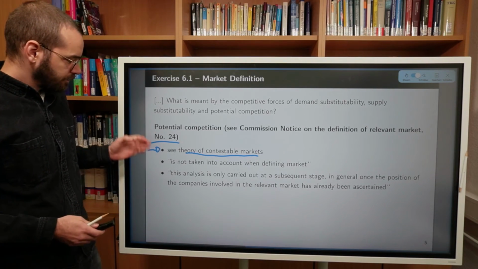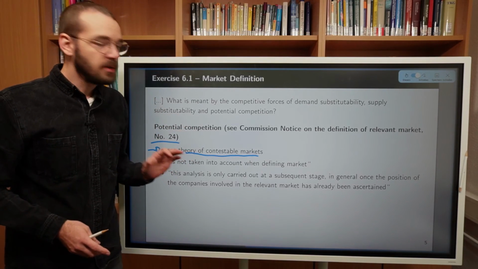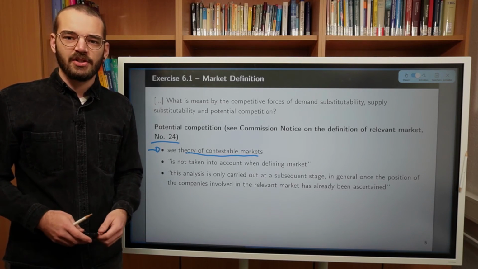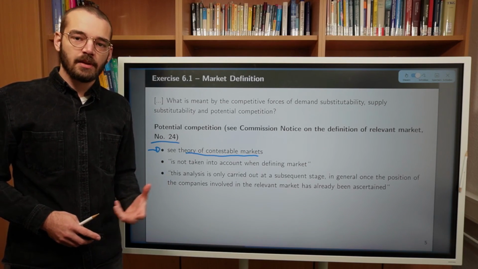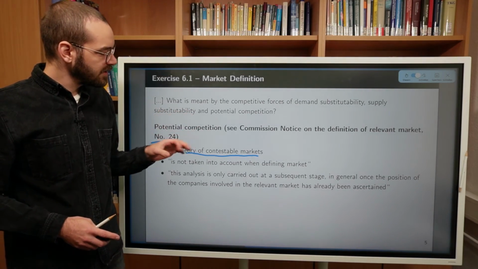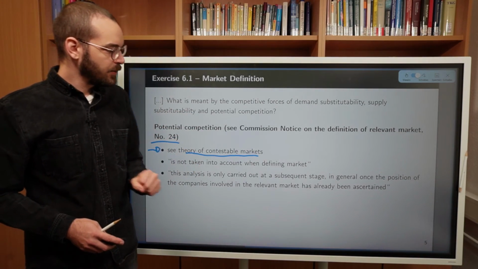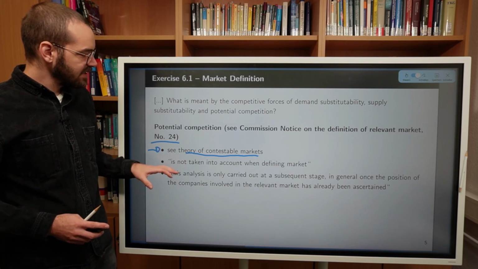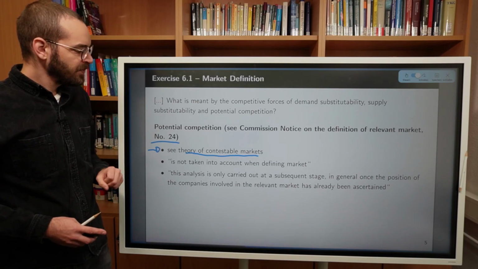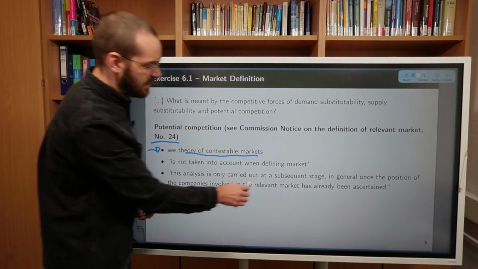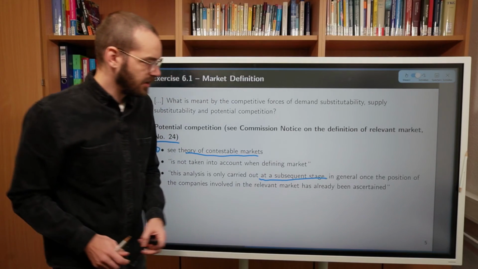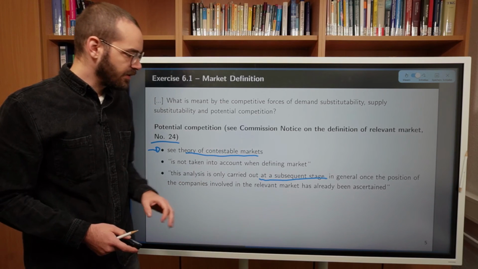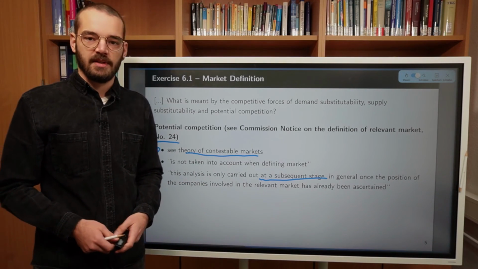All right, so then furthermore, what the Commission notice tells us in this regard is that potential competition is not taken into consideration when we are defining the market itself. And furthermore, that this analysis is only carried out at a subsequent stage in general, once the position of the companies involved in the relevant market has already been ascertained.